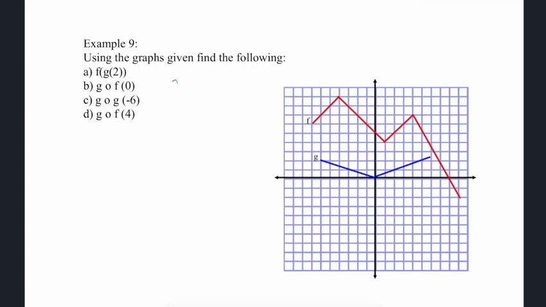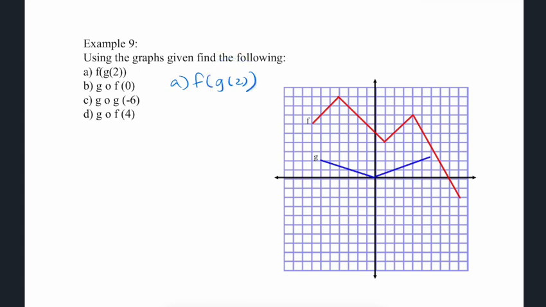It says to find f of g of 2. If you keep in mind that I'm going to work from the inside out, you'll be good. On the inside, it says to find g of 2.